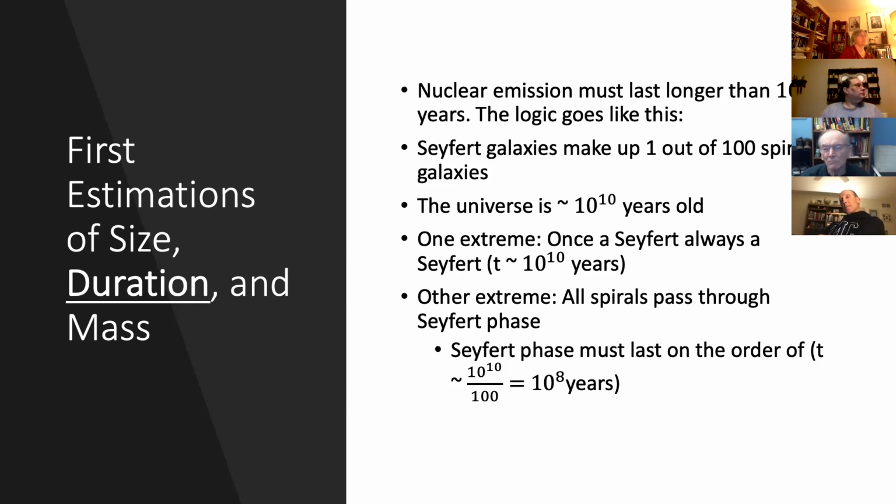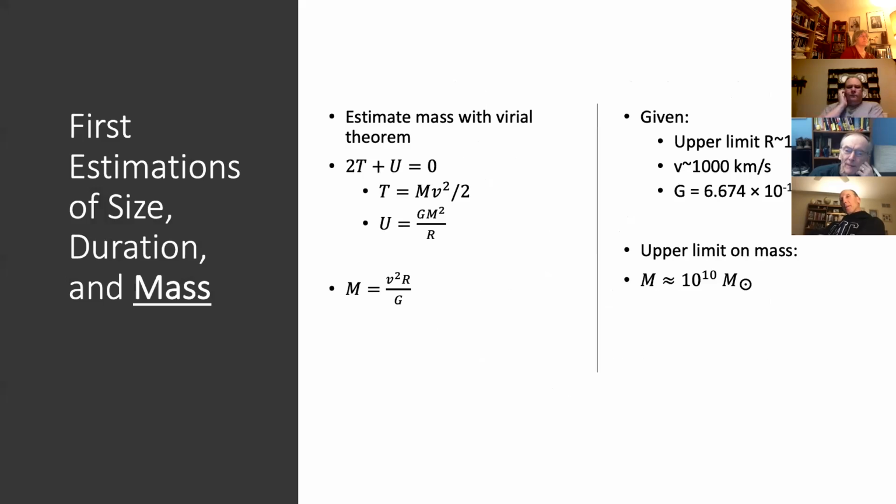So nuclear emission in an active galactic nucleus must last longer than about 100 million years. About 100 million years is the minimum amount of time that an AGN exists. So these are long-lasting objects, which I'll explain in the future.